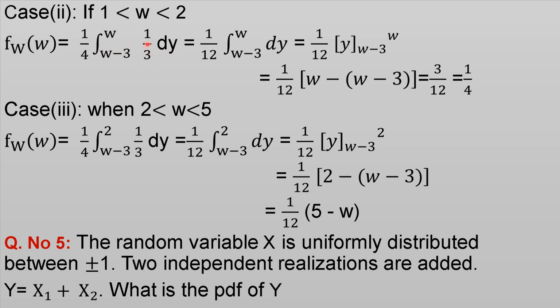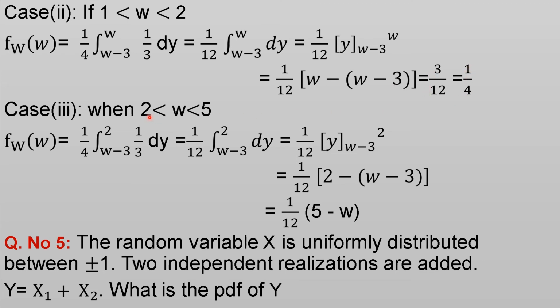So 1 by 4 into 1 by 3 means 1 by 12, integral of dy, the difference at the upper and lower limits, w and w minus 3. So 1 by 12 into 3, which is 3 by 12, or 1 by 4.